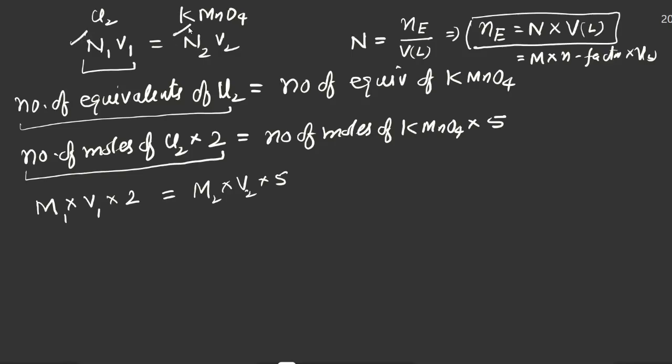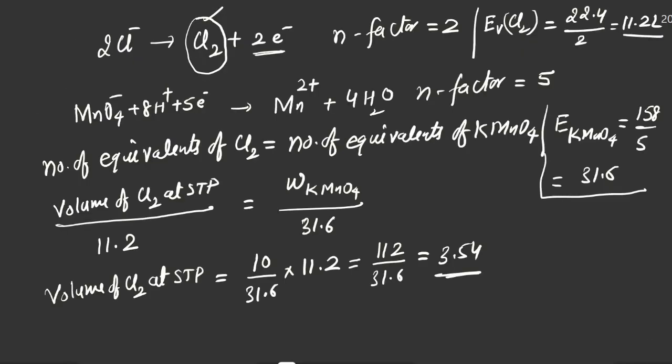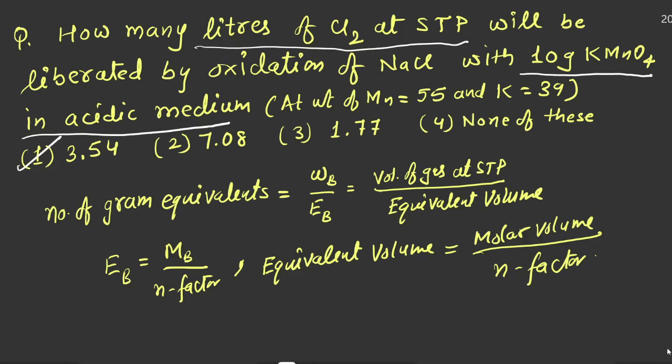Okay, then to find V1, and M1 is 1. How do you get M1 as 1? Where is it written 1 mole of KMnO4? It is written as 10 gram of KMnO4. We don't have 1 mole of KMnO4. We have 10 gram of KMnO4.